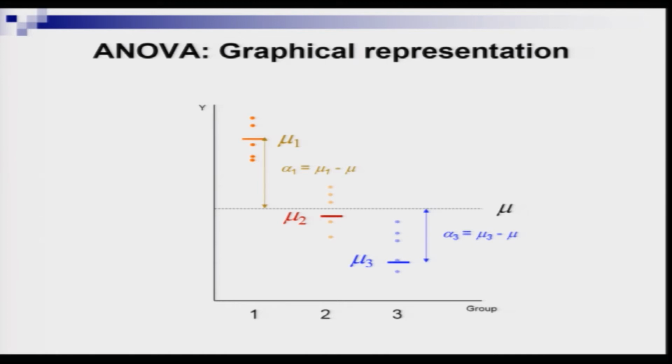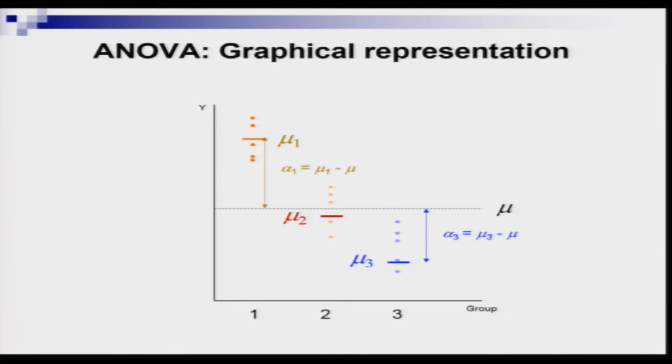Now, let us concentrate on what is happening in specific groups. Let us focus on group number 1 first. You see there are 5 orange colored dots, and for these 5 observations you can compute the group specific mean, which we denote by mu 1.